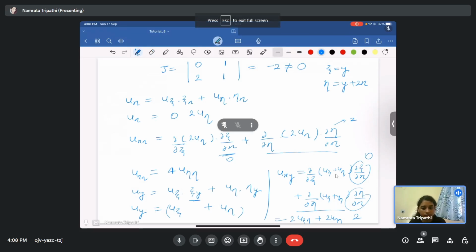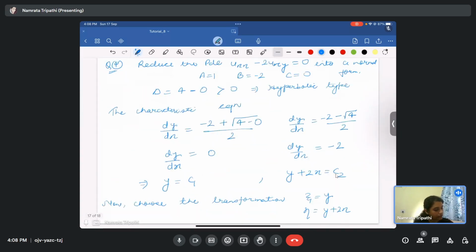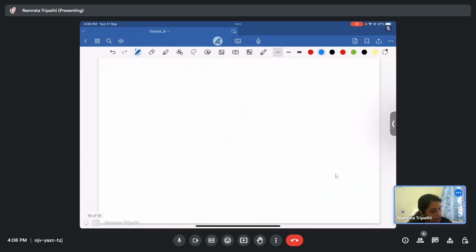So now you have to just substitute the value of uxx and uxy in the given partial differential equation. No need for confusion in the symbols. The equation is uxx minus 2uxy is equal to 0. What is the value of uxx? 4u eta eta.